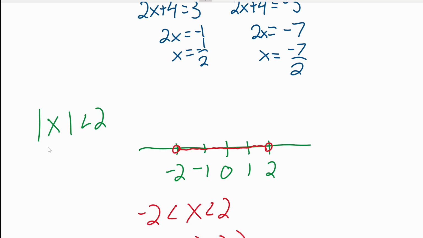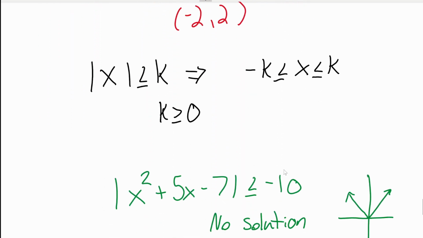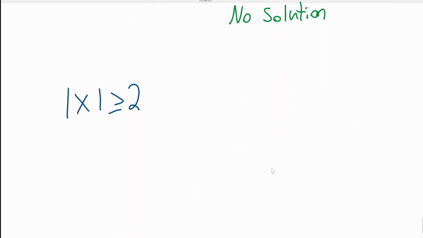So basically -infinity to -2 including -2, and then 2 to infinity, including 2. Like 2 itself would definitely work, 3 would work, 4 would work, etc. And then -2 would work, -3 would work, -4 would work, because we take the absolute value of those and we get the positive counterparts.